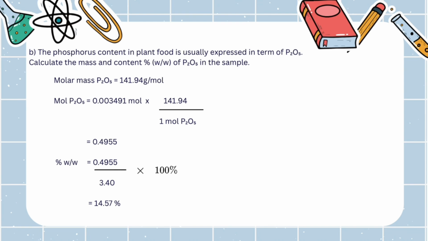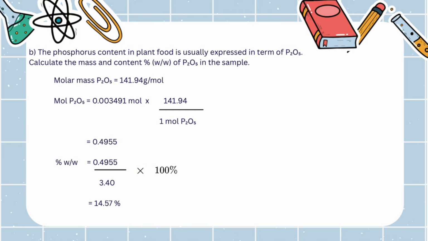First, we need to find the mass by multiplying the mole of phosphorus pentoxide, 0.003491 mole, with 141.94 over 1 mole of phosphorus pentoxide. So we will get 0.4955.